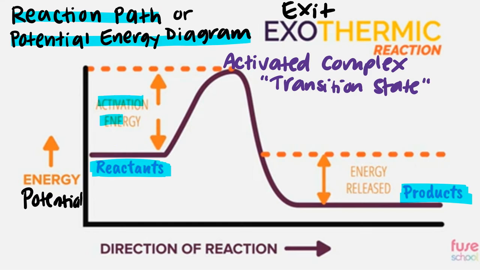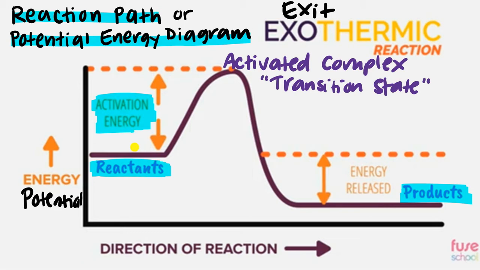Please make sure you have recorded and labeled activation energy on your graph. And the way that we find activation energy is, as they've shown here, the distance between the top of our graph, that activated complex, and the reactants.